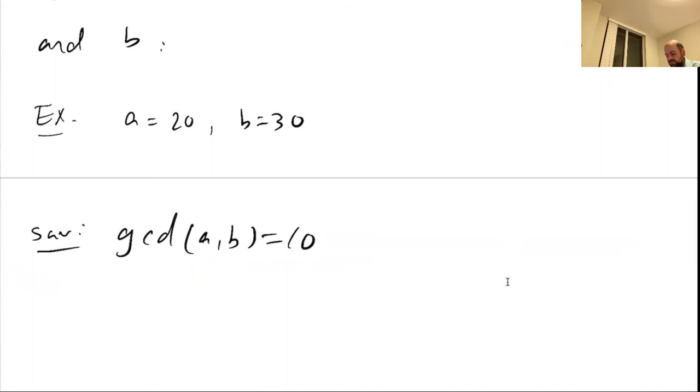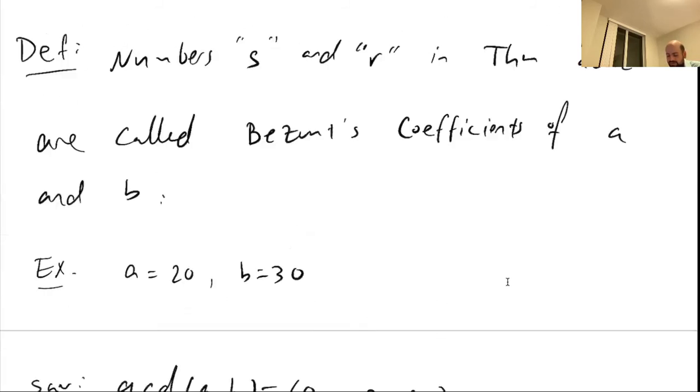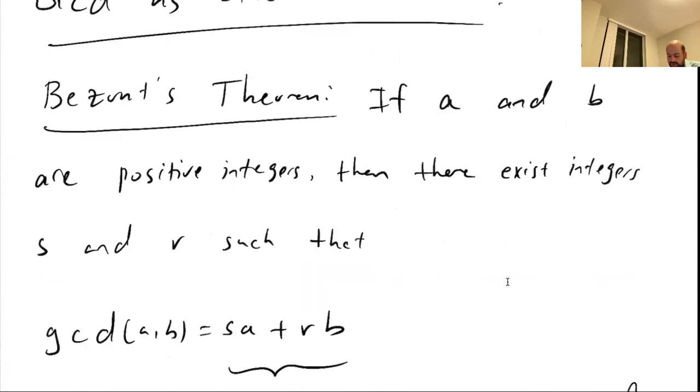So in this case, if A is 20, B is 30, GCD is 10, how can I write 10 as 20 times a number plus 30 times a number? Well, we can write 10 as 20 times minus 1. Remember, the numbers are allowed to be negative as well. If A and B are positive integers, then there exist S and R, but we didn't say S and R must be positive. We're assuming A and B are positive, but S and R are just integers.